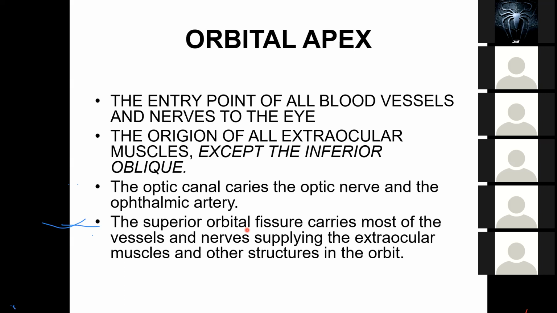The main entry point is because of the presence of the optic canal and also the superior orbital fissure. The optic canal carries the optic nerve and the ophthalmic artery. And the superior orbital fissure carries most of the vessels and nerves supplying the extraocular muscles and other structures in the orbit.